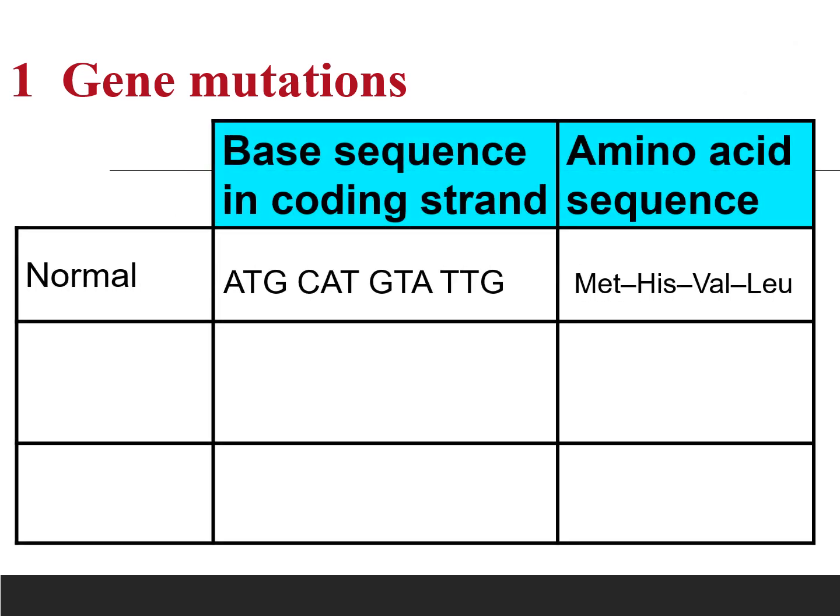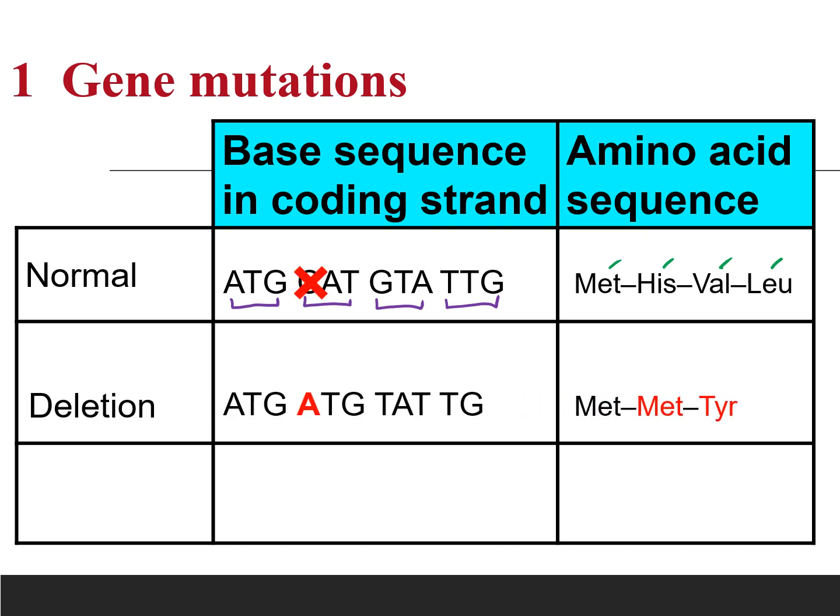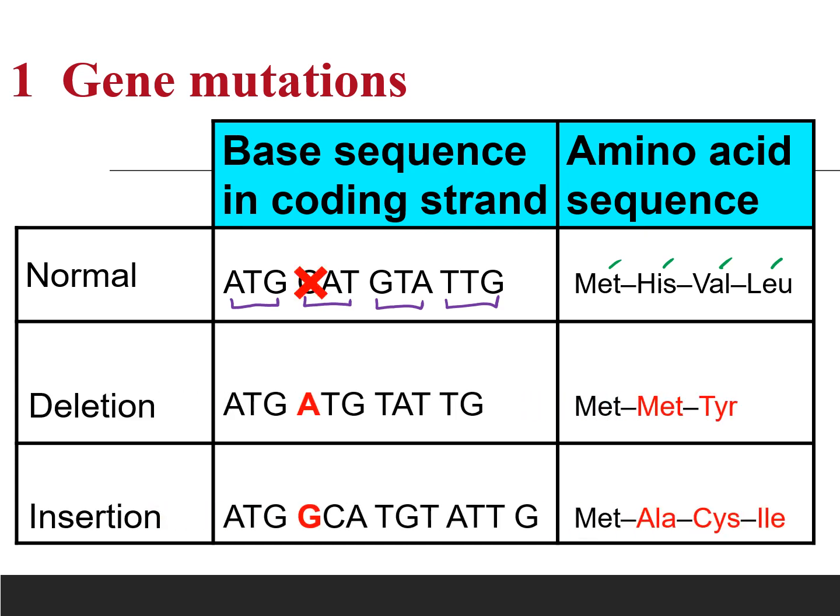Let's take a look at the base sequence of the encoding strand in a normal person. It has the base triplet codes ATG, CAT, GTA, and TTG, which code for these 4 amino acids. However, let's observe together if you have gene mutations such as deletion. If you delete the base C, what happens? The base sequence shifts to the left by 1 base.